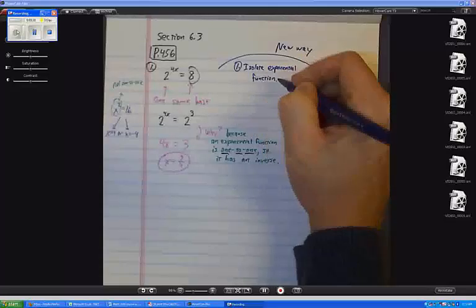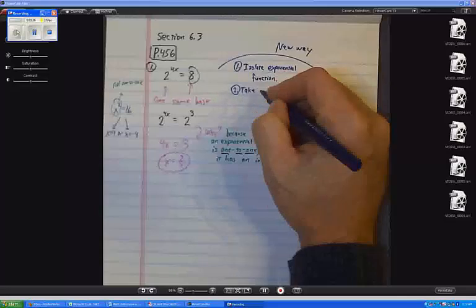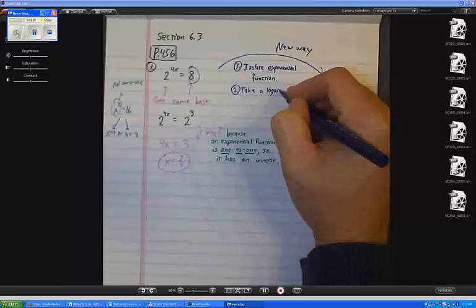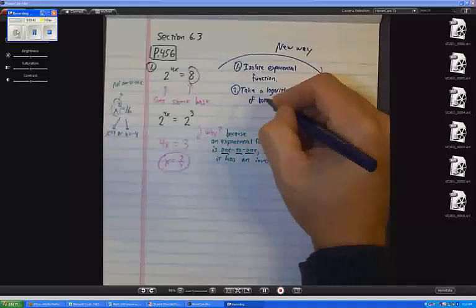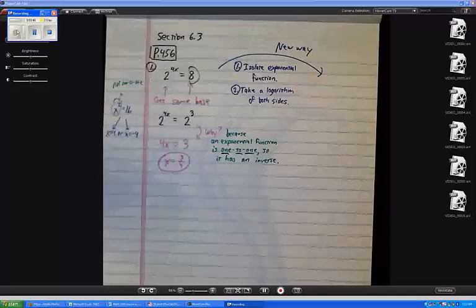And then 2, take a logarithm of both sides. Okay? So that's my process I'm going to teach you guys today. Isolate the exponential function, take a logarithm of both sides.